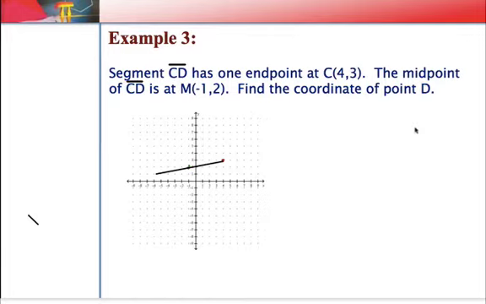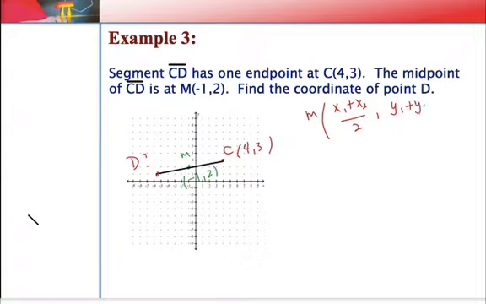So I should probably label my points. This was C, and it was at 4, 3. This guy was the midpoint, and the midpoint was at -1, 2. And what we're trying to find is the endpoint D. Okay, so start with your midpoint formula. You know the midpoint is the average of the x-coordinates and the average of the y-coordinates.